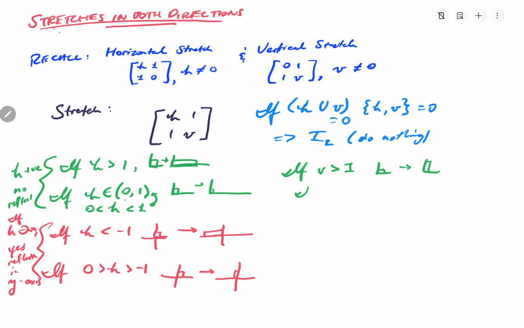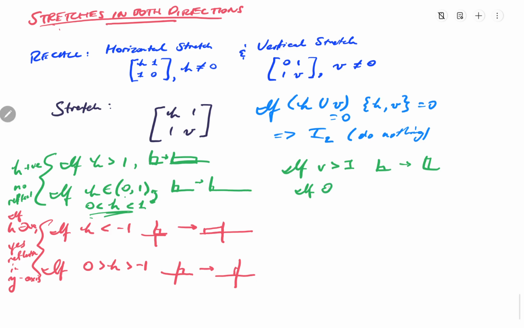If v is greater than 0 but less than 1, then, that's not a great drawing, if we start with our square, it will get squashed down, but still be the same width.